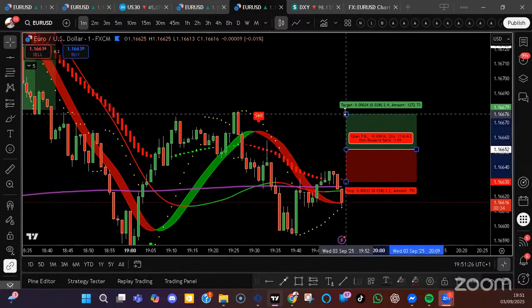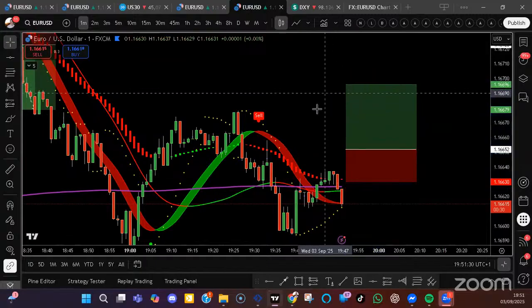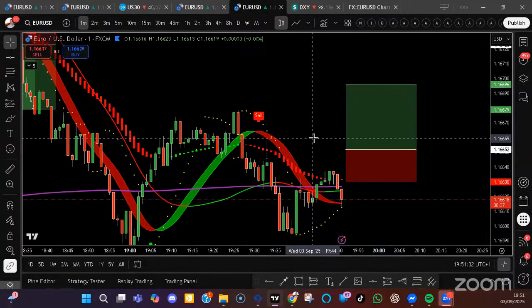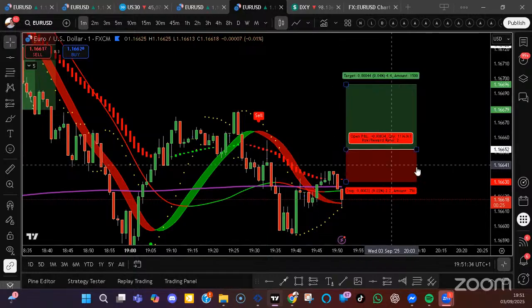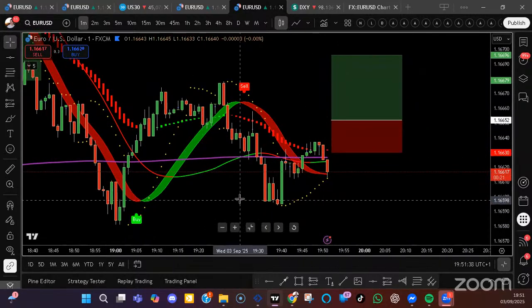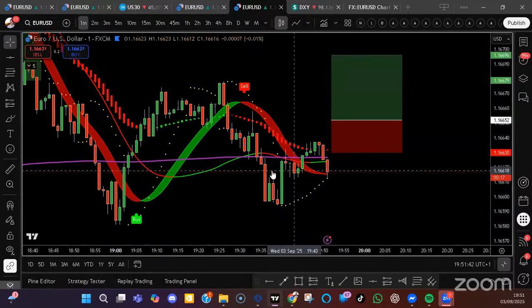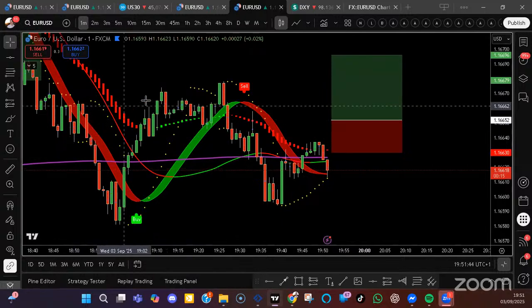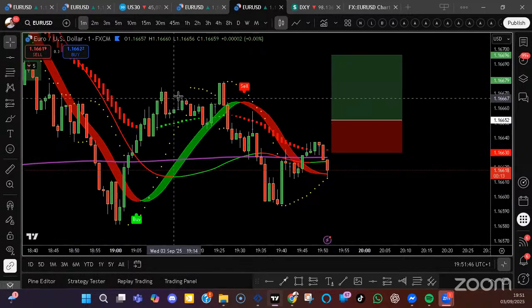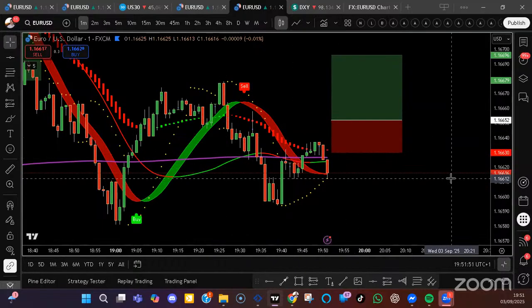Takes you 2% all the way up to there. But again, maybe because of the time of the night, we might be finding that we are getting into not a very trending market.